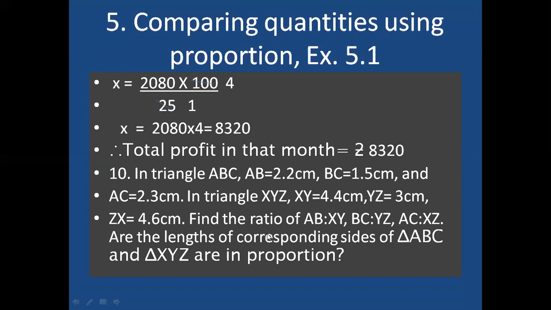Find the ratio of AB to XY, BC to YZ, and AC to XZ. Are the lengths of corresponding sides of triangle ABC and triangle XYZ in proportion? That means we must check the ratios of all these pairs. If all these ratios are equal, then we say that they are in proportion.